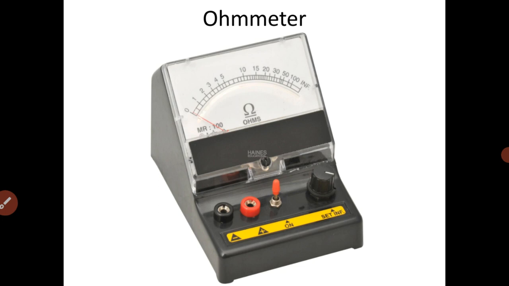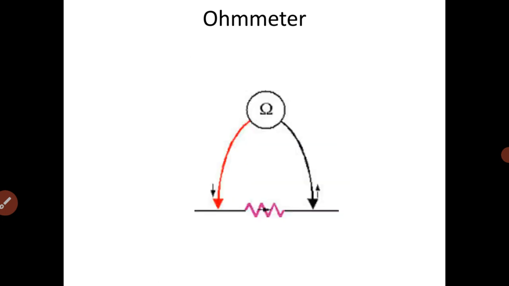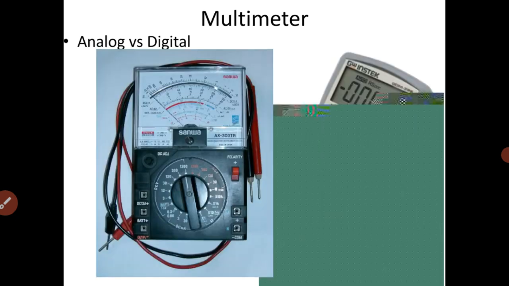So these are the two terminals, positive and negative. Black denotes the negative and red denotes the positive. This is the symbol of the ohmmeter, which measures in ohms. A red arrow denotes the positive terminal and the black arrow denotes the negative terminal.